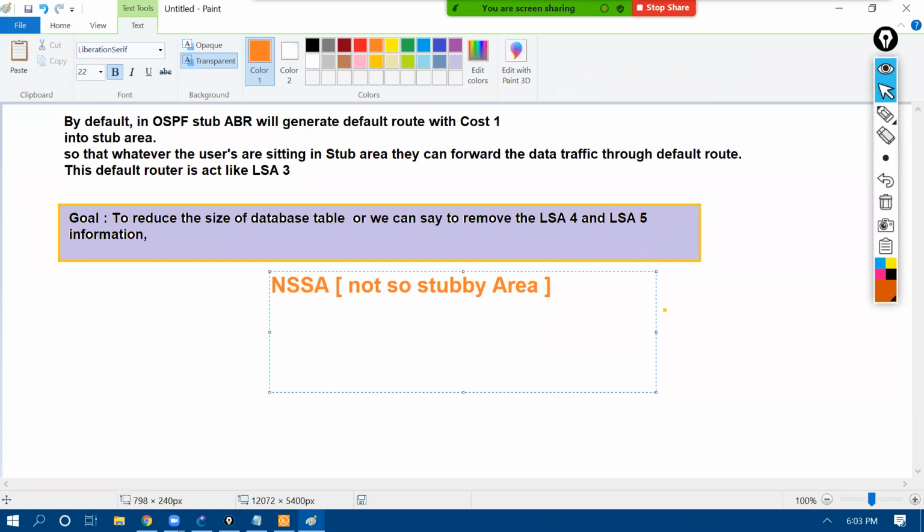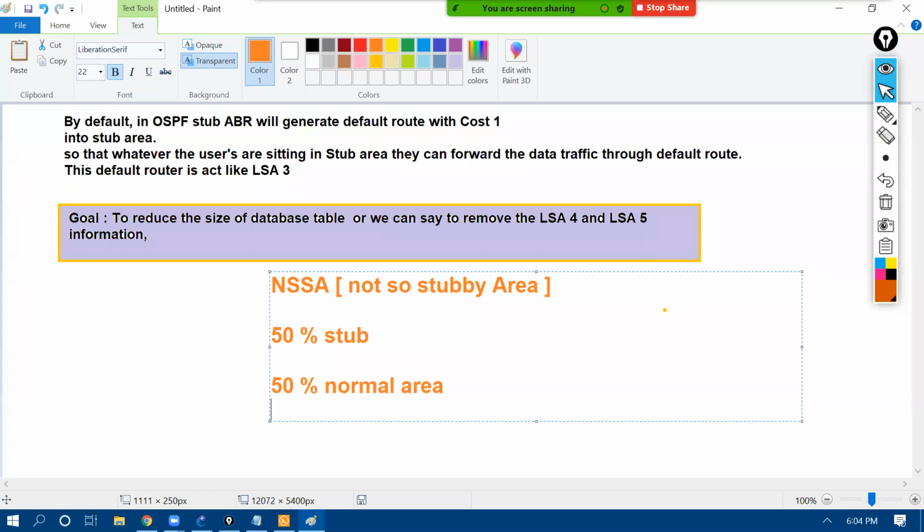This is a special type of area, right? That behaves like 50% stub and 50% normal area.